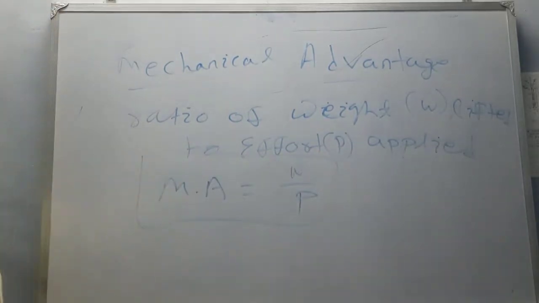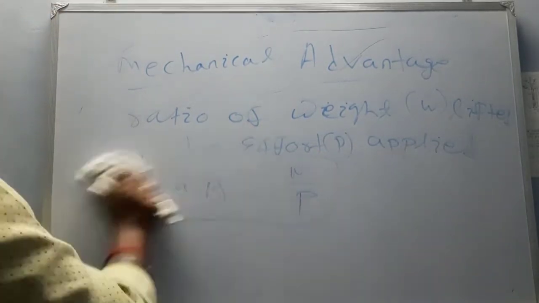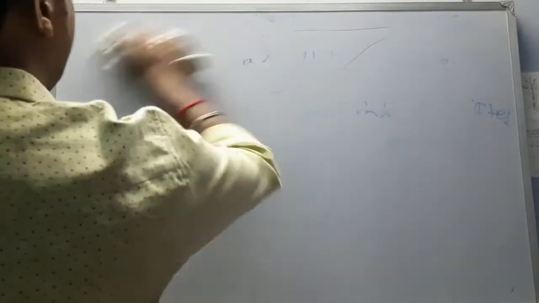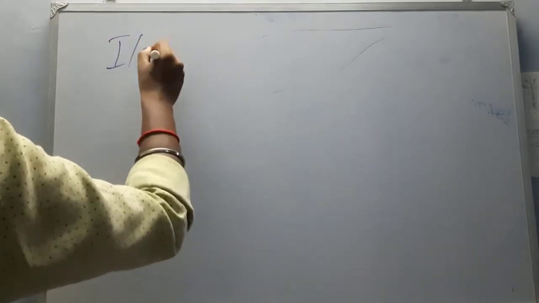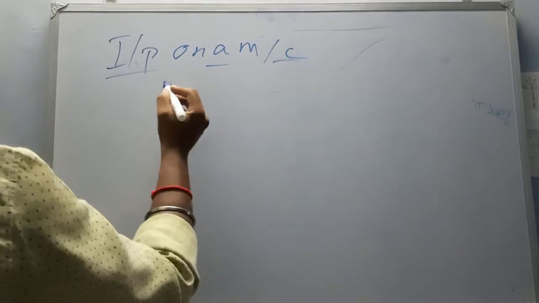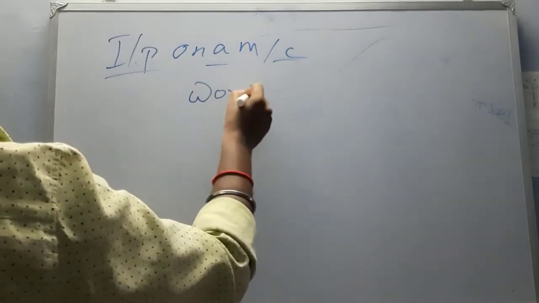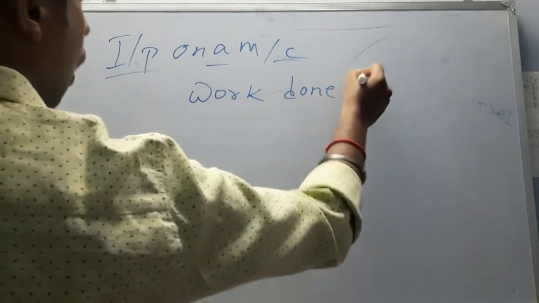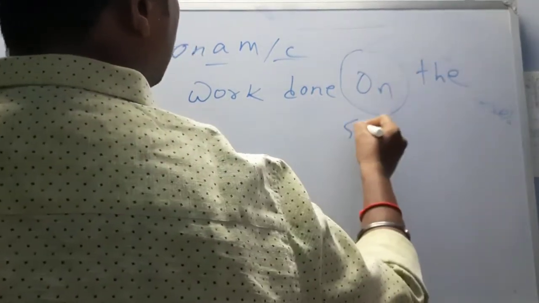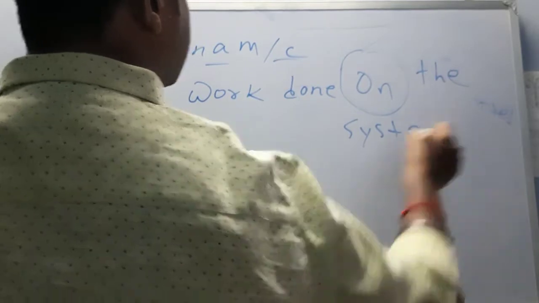Okay. Now let's move on to one term, input on a machine. What is input on a machine? We know work done on the system is known as input on the system.